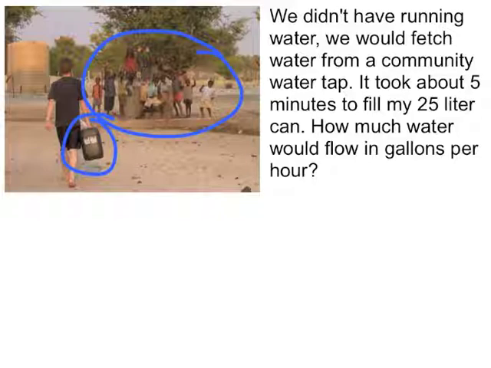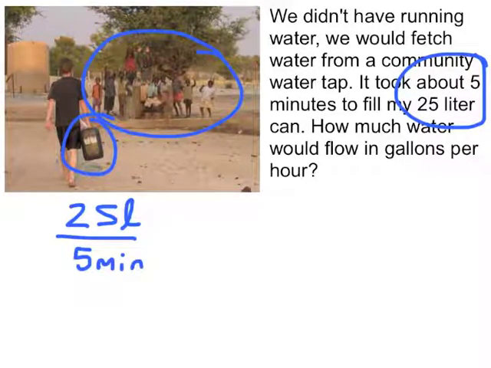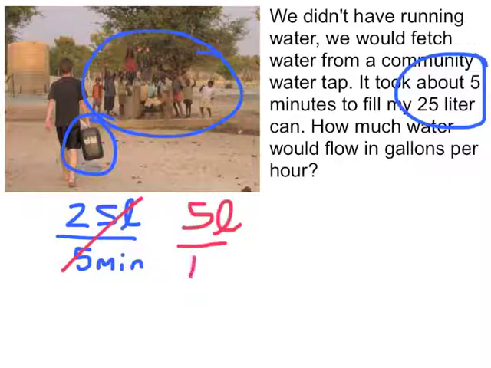So, this is what happened in real life. We had 25 liters per 5 minutes. And to make this easier, I can simplify this right now. So 25 over 5, if I simplified that by dividing the numerator and denominator by 5, that would become 5 liters in 1 minute.